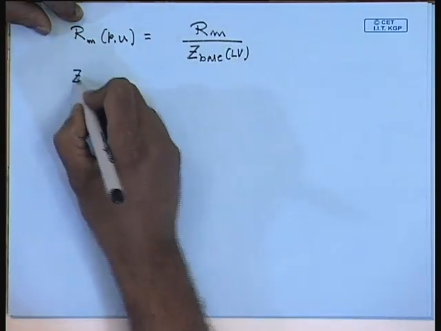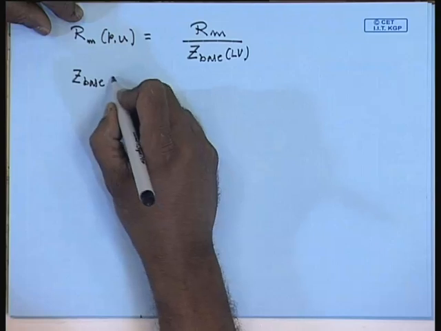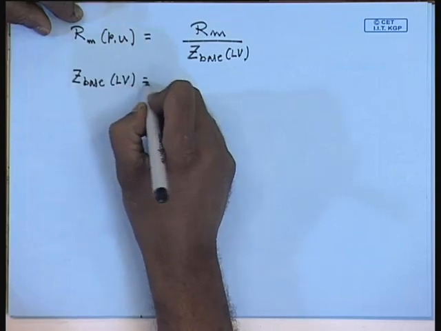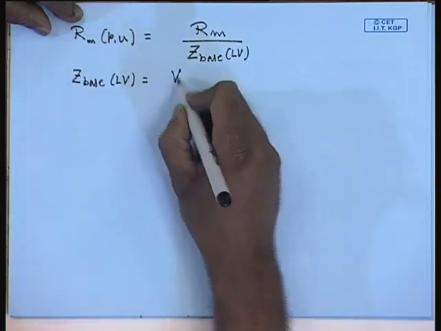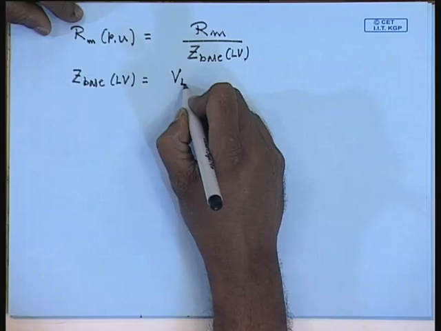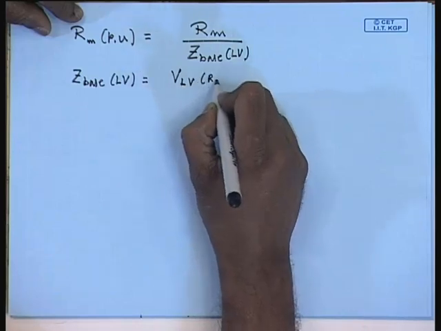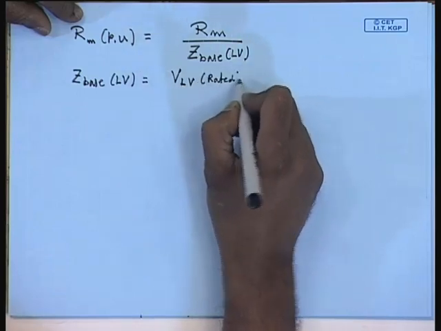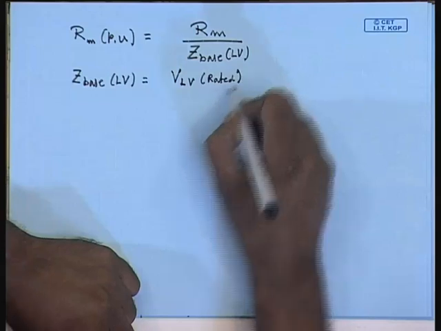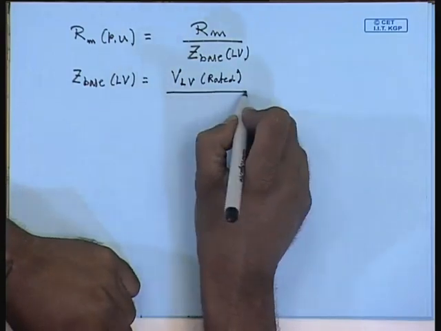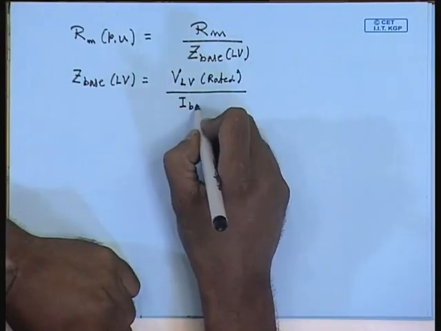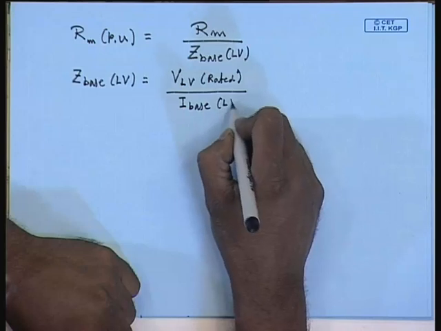Now, Z base of the LV side equal to V of the transformer LV side rated divided by I base of the LV side.